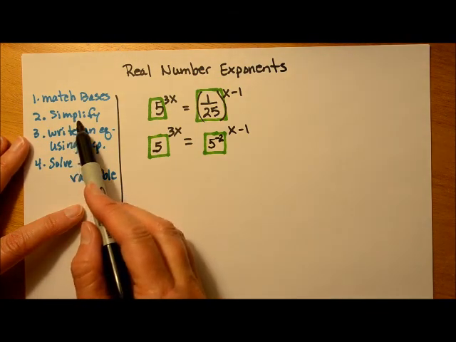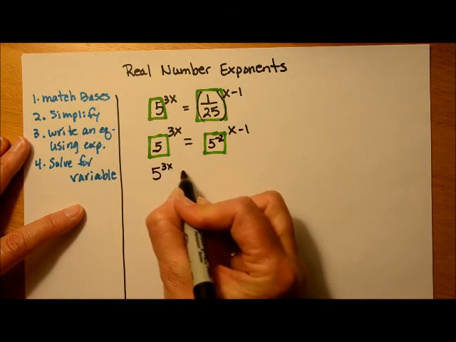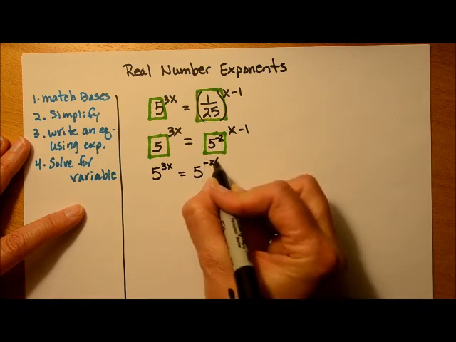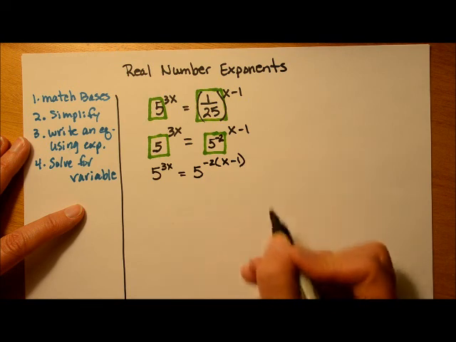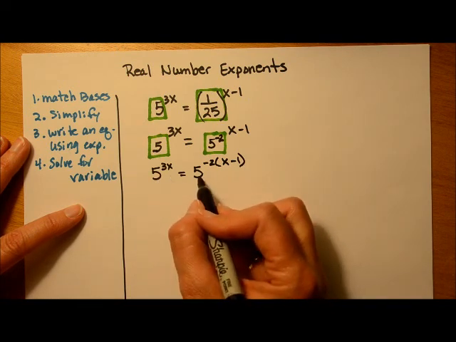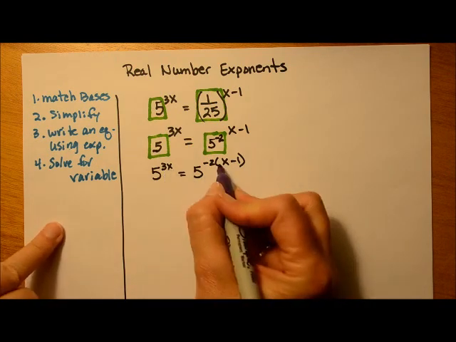Now I need to simplify. So this, there's nothing I need to do with it. This, I'm going to have 5 to the negative 2 times x minus 1. My bases are matched. I can write a new equation just with my exponents, okay?